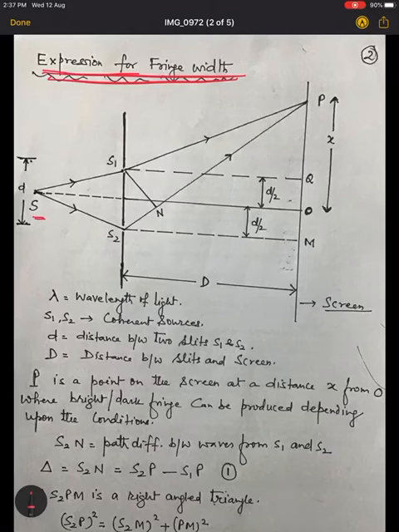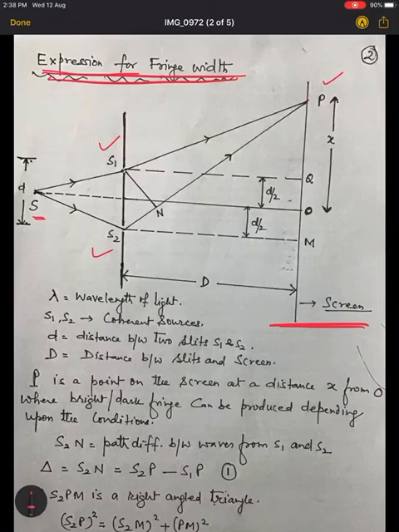So the single source is S. The two slits are S1 and S2. The waves from S1 and S2 proceed and meet at a point P on a screen. At this P, either we get a dark fringe or a bright fringe, depending upon the condition.